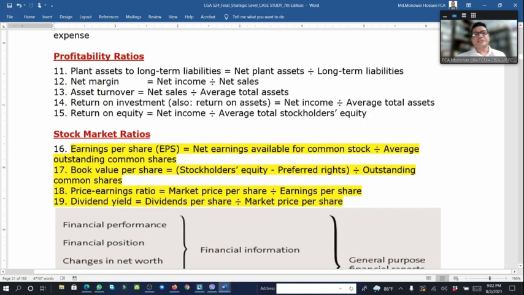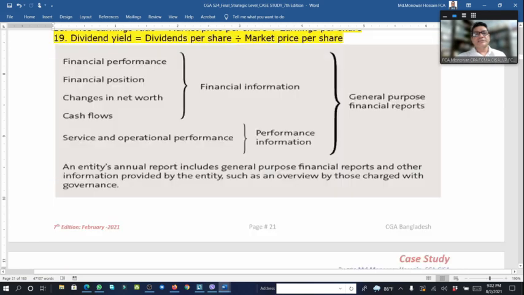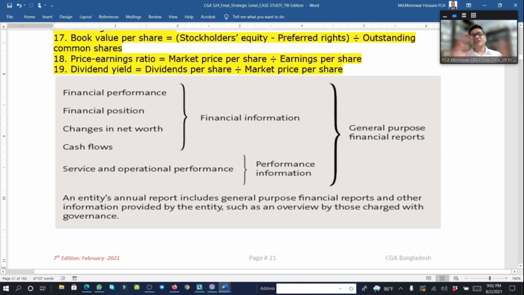We know that our financial statement is the general purpose financial statement. What we are using is a general purpose financial statement. That's why all are published. Look here, for example, audited accounts are a public document.